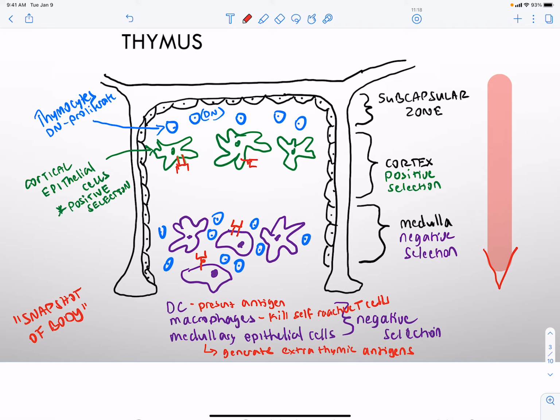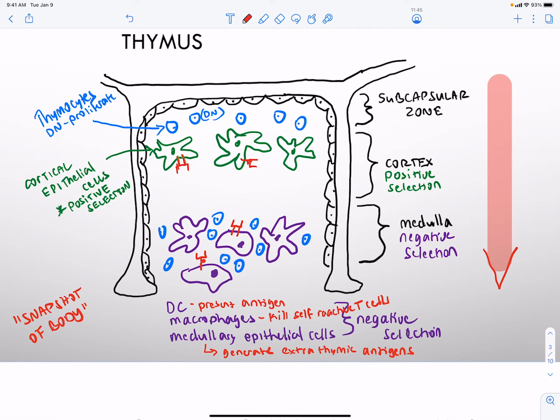If, however, you release a potential auto T cell, then you could potentially have a very debilitating autoimmune disease. And so your medulla is the process of negative selection, picking out clones that respond to self-antigens and deleting them before they get into the periphery.